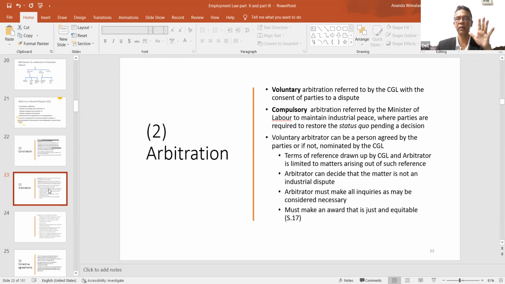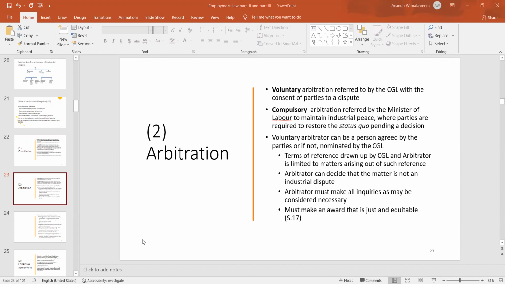Arbitrator can decide new terms and conditions of employment, which will become implied terms and conditions of the contract of employment.